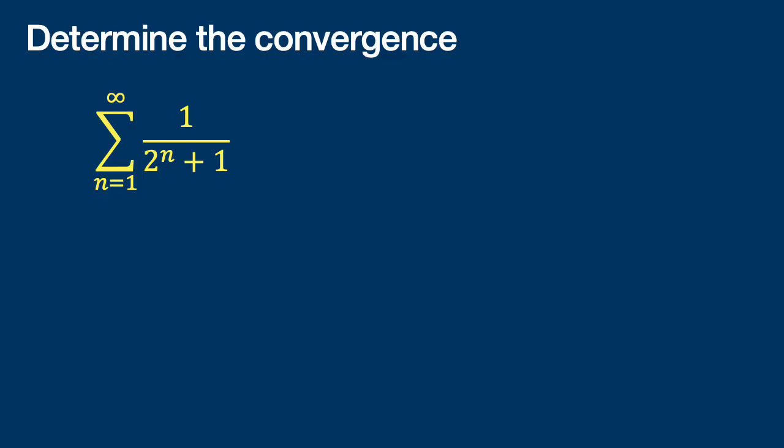Let's have an example before we introduce the comparison test. Look at this series, guys. Looks familiar? This one looks similar to this series. Can you figure out what kind of series it is?